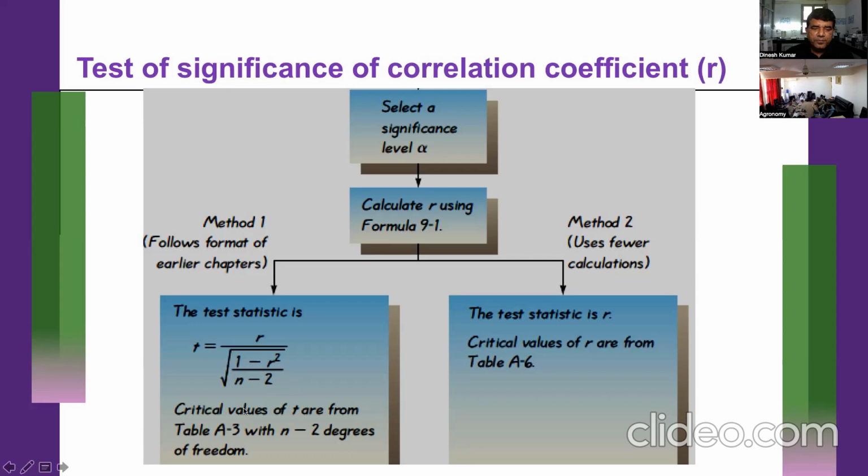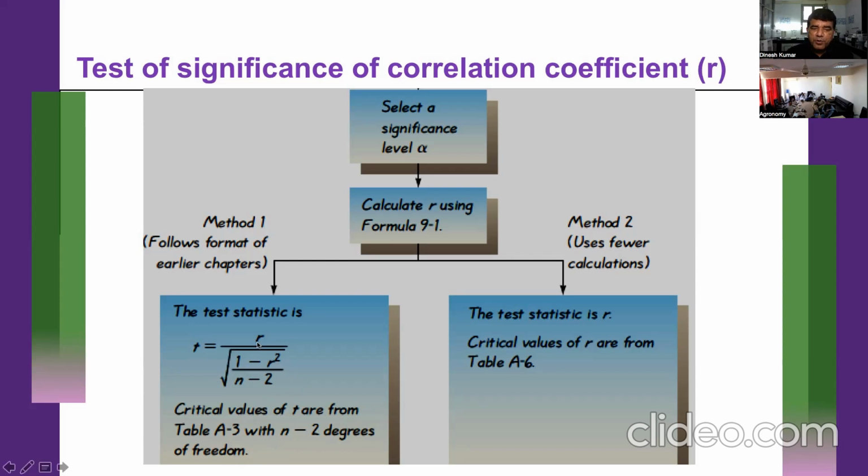So now you find the critical value of t from the table with n minus 2 degrees of freedom. Here you will get the table value of t at the 5% level of significance and n minus 2 degrees of freedom. Remember, it is the t-test, so the degree of freedom is only 1. If it was the f-test, we have 2 degrees of freedom in the table.